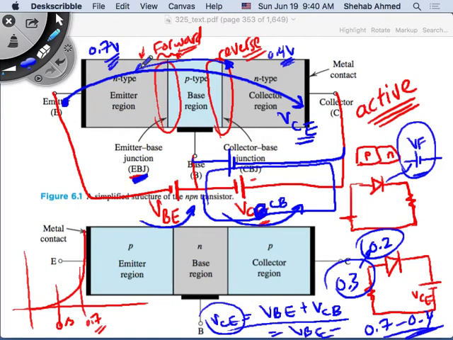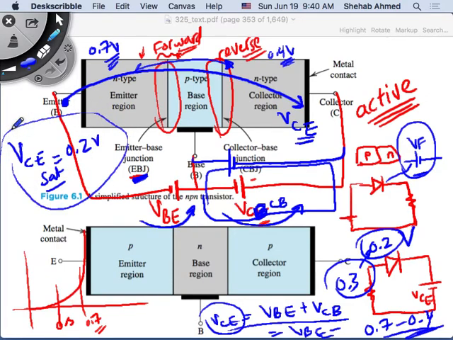So VCE will be 0.7 minus 0.4 or 0.5, which is 0.2 volts. This is called VCE saturation. It is the collector to emitter voltage at which this PN junction goes from reverse to forward, so VCB becomes negative 0.5.